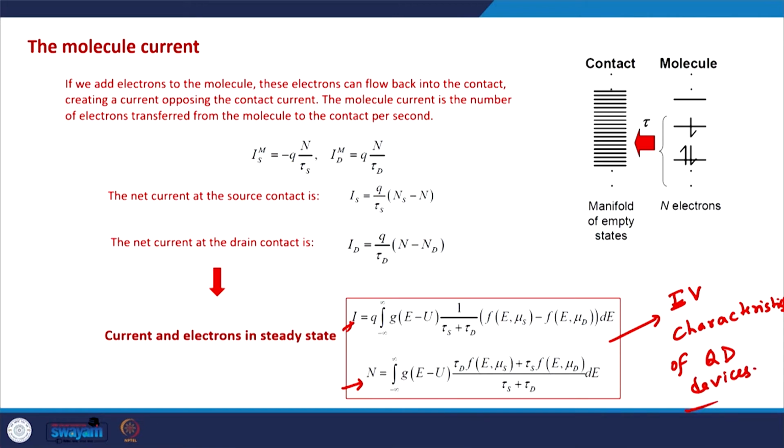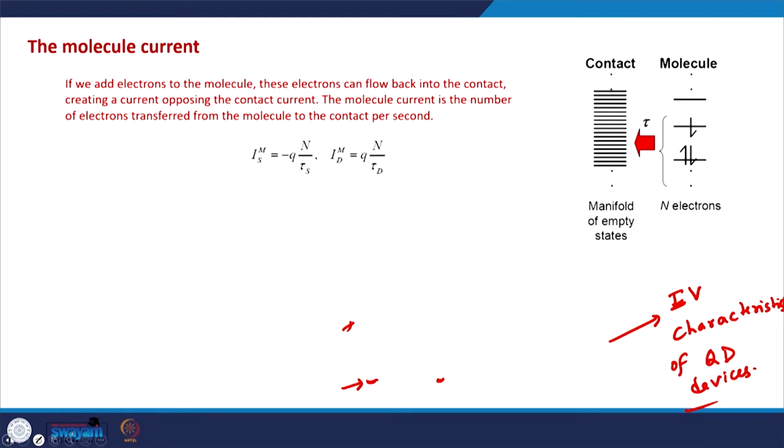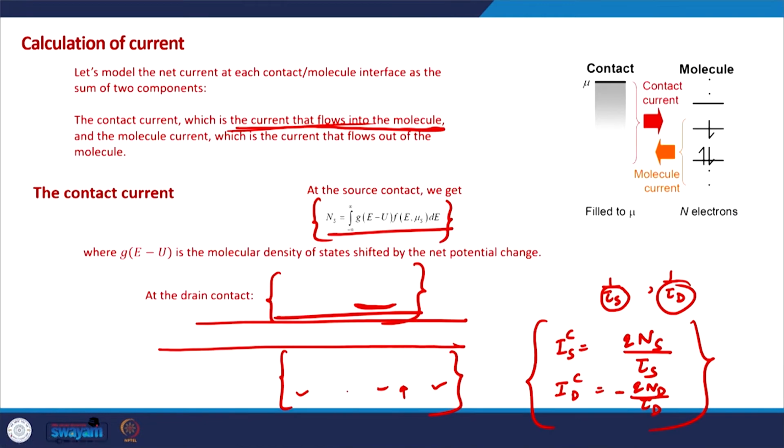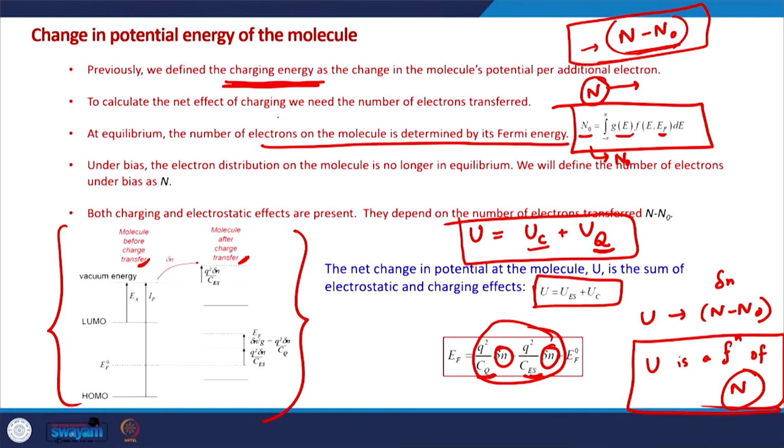Okay, but if you have a careful look at these equations, there is a catch. The catch is that n, which is the number of electrons, depends on u, because the density of states depends on u, and u in turn depends on n. Just to quickly review, the change in potential u is a function of n.